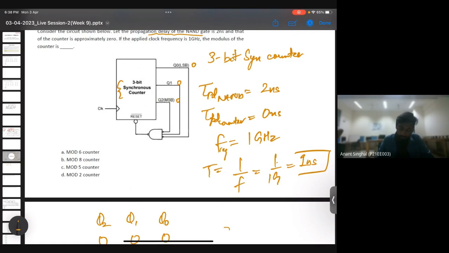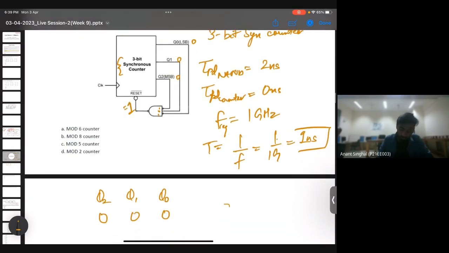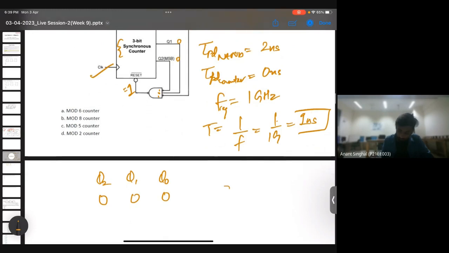So it will be 0, 0, 0. Since this is a NOT gate, here it will be 1, here it will be 0, and here it will be 1. And 101, so it will be 0, so it will be 1. Now it will go to the next clock, since it is a positive edge triggered clock. So in the next clock, it will be 001.